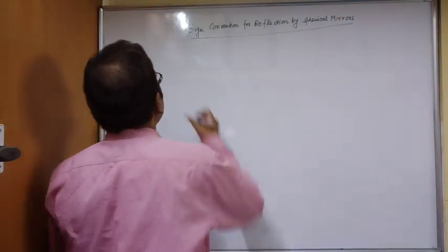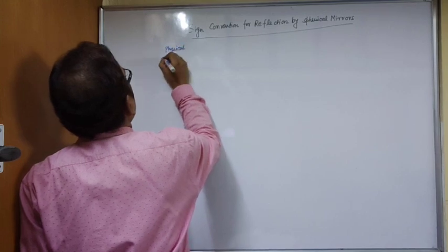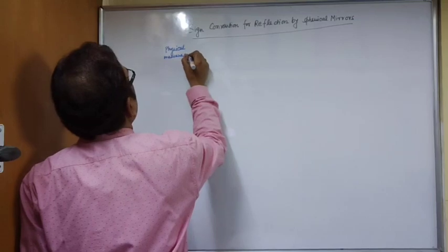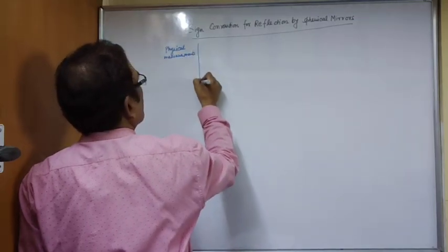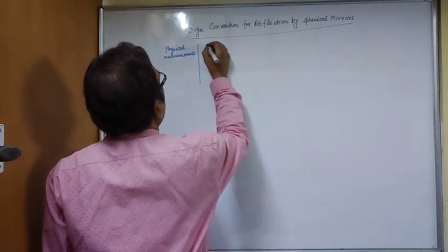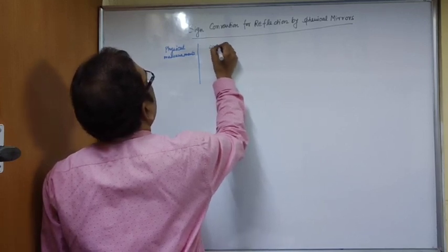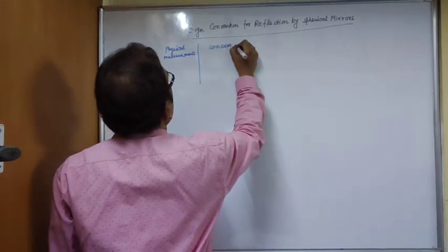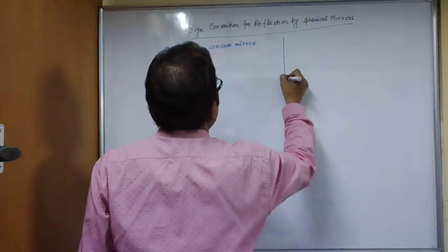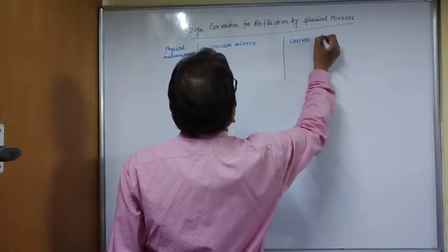So we will take the physical quantity this side, physical measurements you can say, then we will take the case of concave mirror, and here we will take the case of convex mirror.